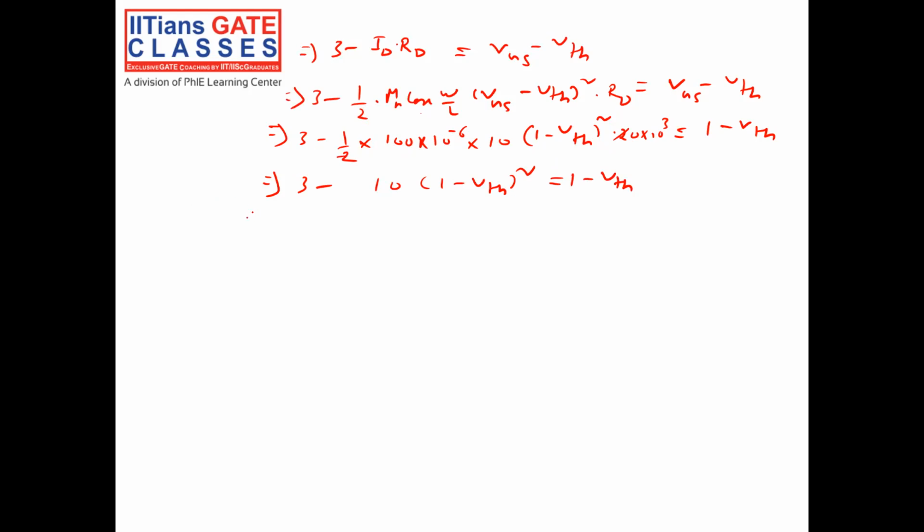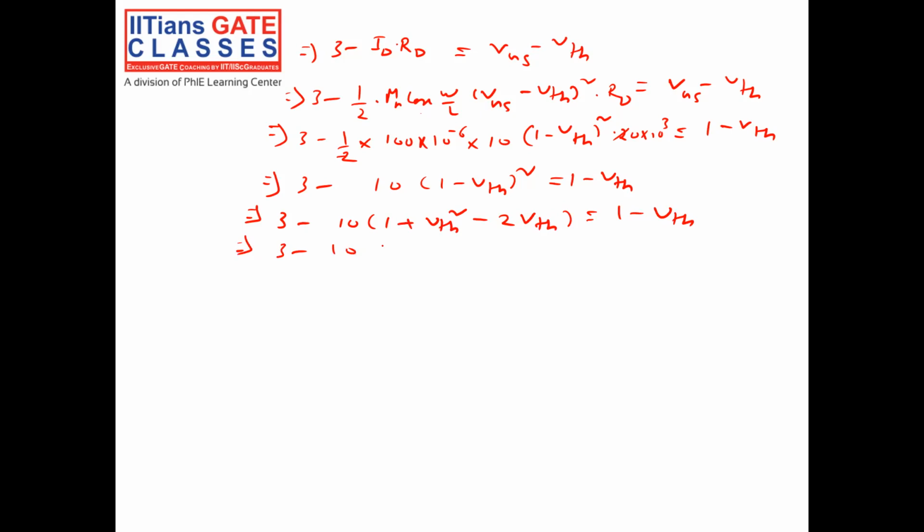So let's solve now. It is 3 minus 100 into 1 plus VTH square minus 2 VTH equal to 1 minus VTH.